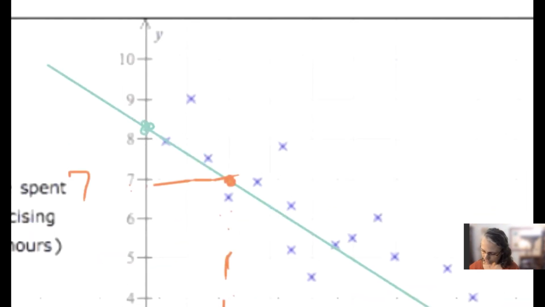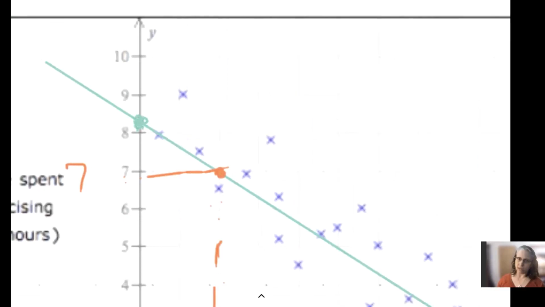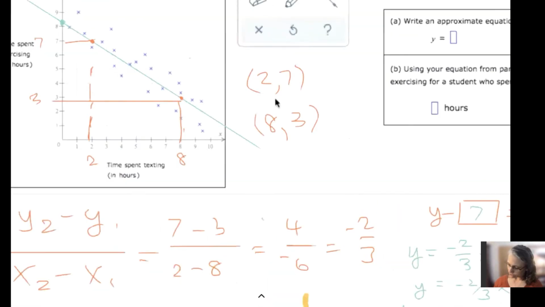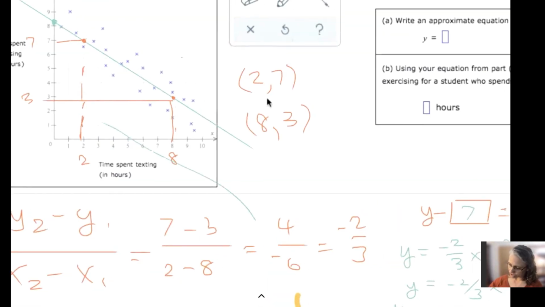So I look at my y-intercept. According to my equation, my y-intercept was supposed to be 8.33. And I see that my line does seem to go with my points. My equation does seem to go with the points that I picked. It's a little way to double check and see if you catch silly mistakes, because I make lots of them.